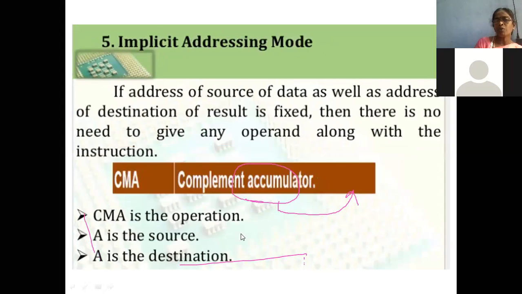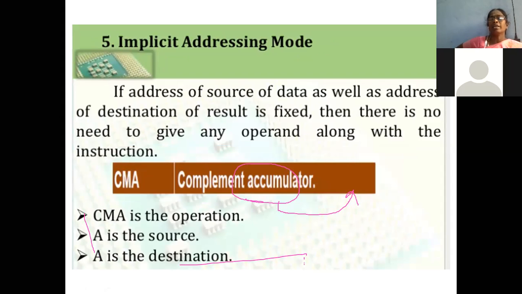And then fifth one, implicit addressing mode. Implicit: if the address of the source of data as well as the address of the destination of result is fixed, then there is no need to give any operand along with the instruction. So this is one important part. CMA, complement accumulator.